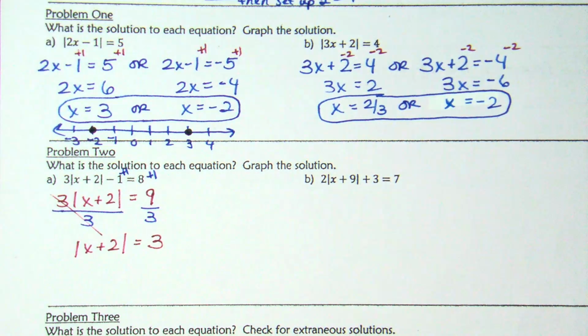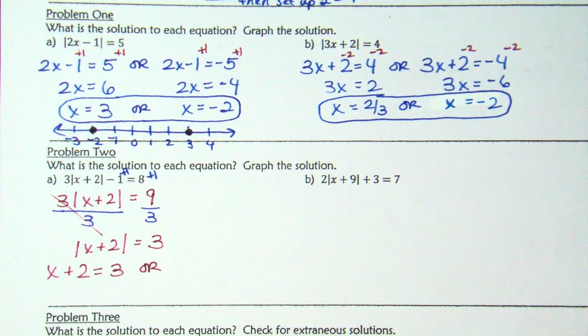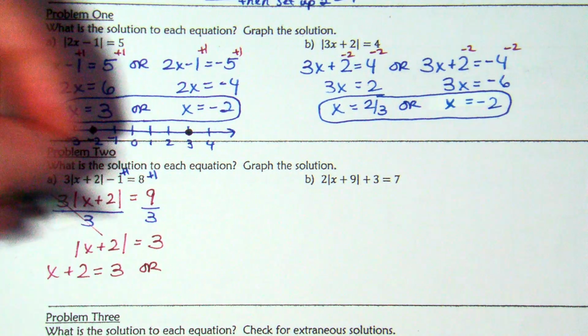So once you get that absolute value isolated, what did we talk about doing? Set up 2 equations in this case. What's the first equation? The given at this point: x plus 2 equals 3. Or, what's my second equation? x plus 2 equals negative 3. You keep what's in the absolute value. You just change the signs on the other side.